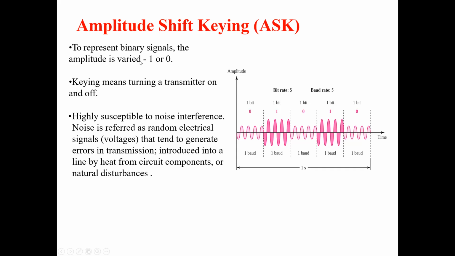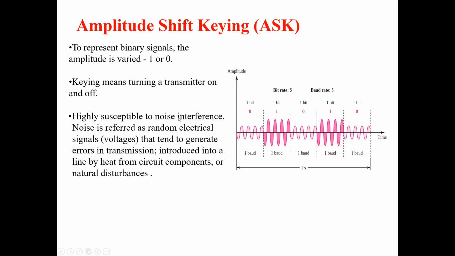The amplitude is varied for 1 or 0. There are only two values, 1 bit or 0. Keying means turning a transmitter on and off. In amplitude shift keying there are only two states: 0 means off, 1 means on.